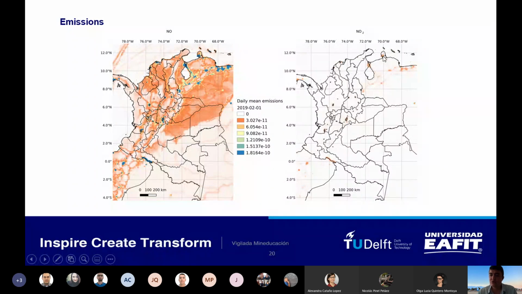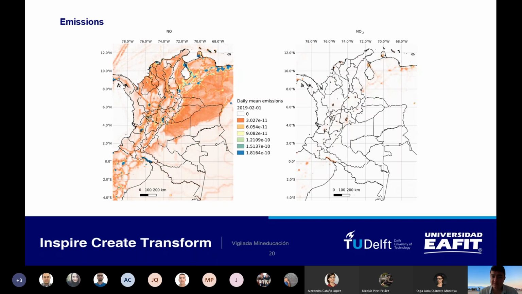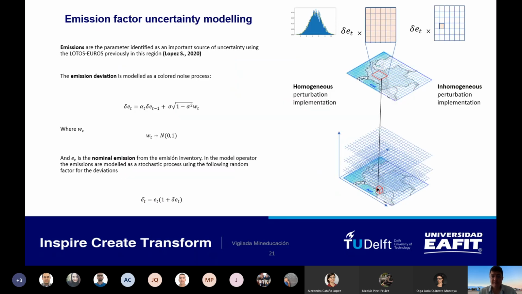And the NO2 comes from the urban areas. So this is important, because if we want to start updating emissions, what we want is to identify the areas where we want to update. So this exercise was important to plot what we have and what we want to update.